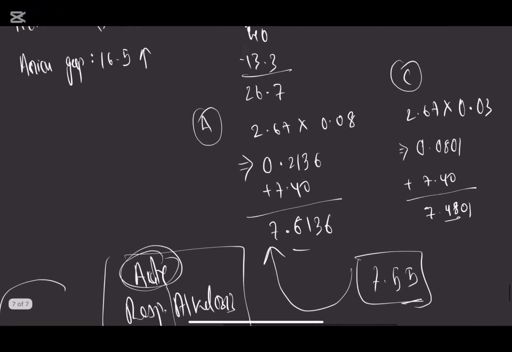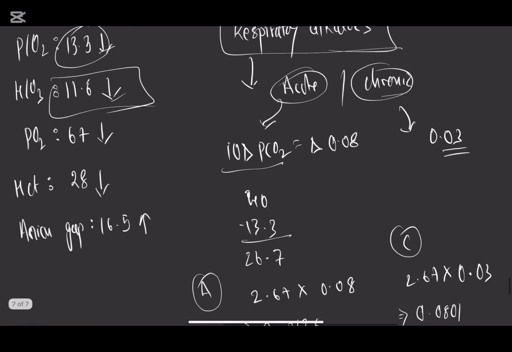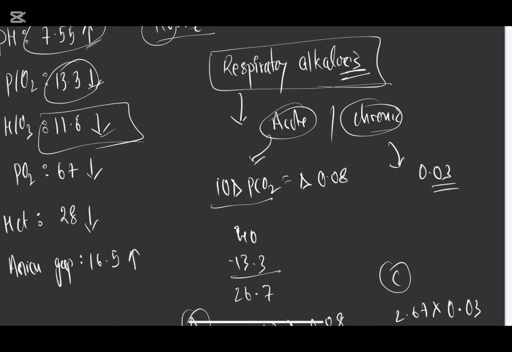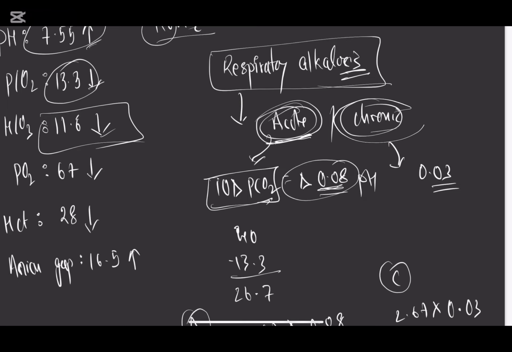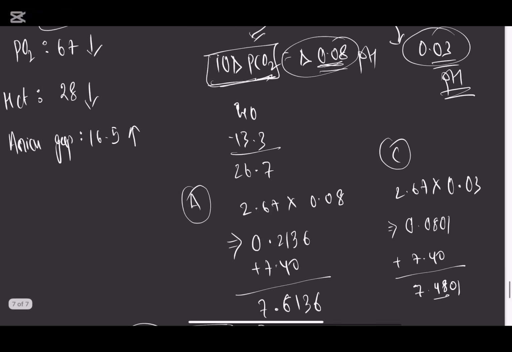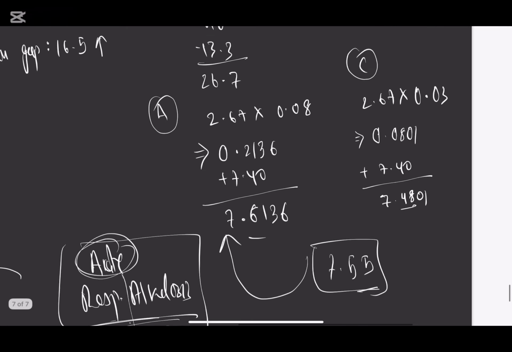The main formula we should remember is, in case of respiratory alkalosis, for acute conditions, every 10 change in PCO2, the pH changes by 0.08, and in case of chronic, for every 10 change in PCO2, pH changes by 0.03. And we should check which one is closer to the pH.